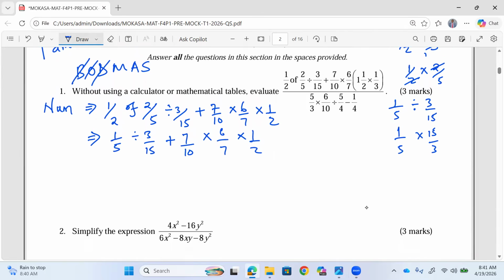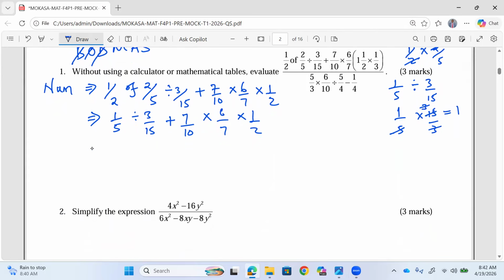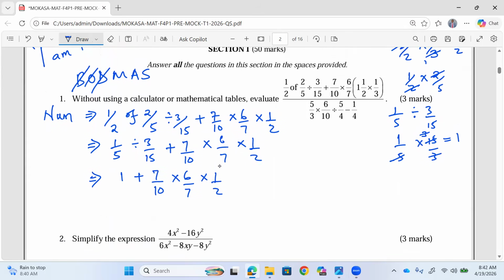So we shall have exactly 1, because 3 will cancel with this one. So now this can be written as 1 plus 7/10 multiplied by 6/7 multiplied by half. So now we've done the division part.